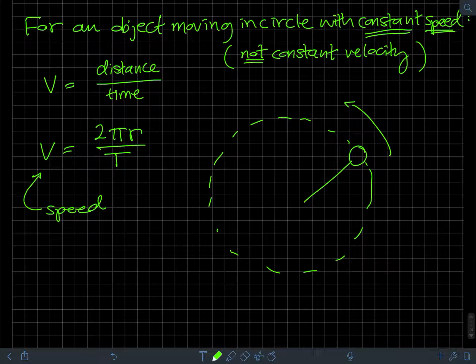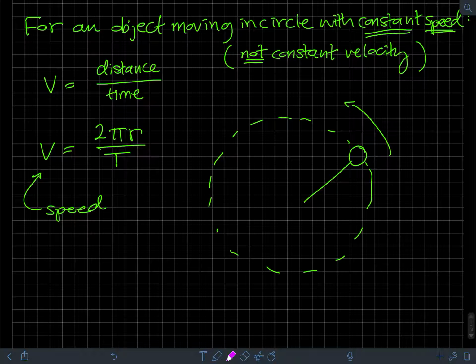Well, we're going to do the same thing here, except in this case, let's say the object goes around 1 time. As this ball goes around one complete path and comes back to its starting position, the distance traveled is the circumference of the curve, right? So 2 pi r is how much distance is covered in that circular path.